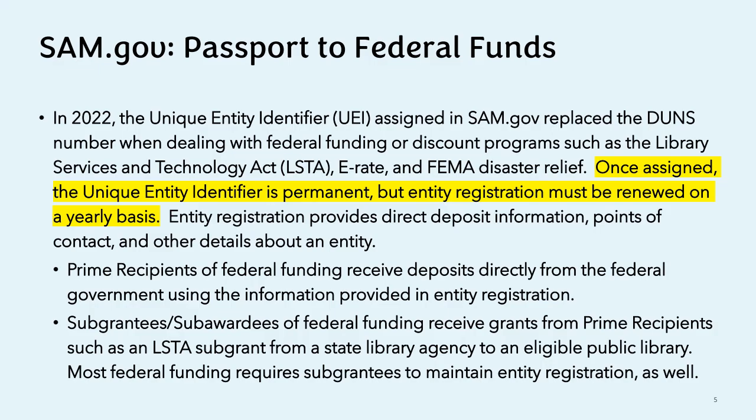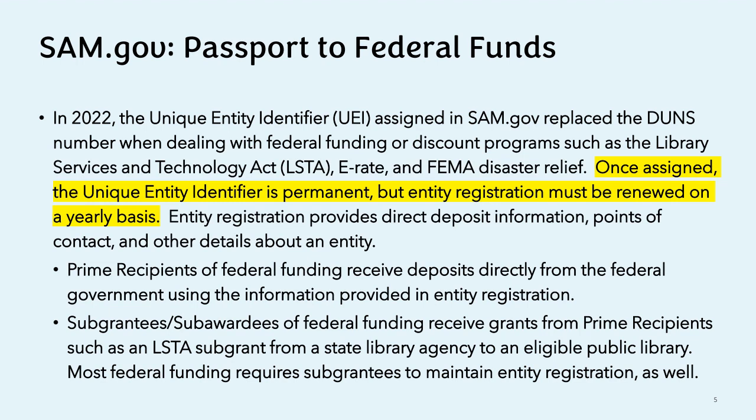It's also relevant for E-rate if you have to file your own forms for reimbursement for E-rate. You have to have active registration starting in August of 2026. If you don't have active registration when you file your reimbursement form, the funds won't go out because they will start using SAM.gov.